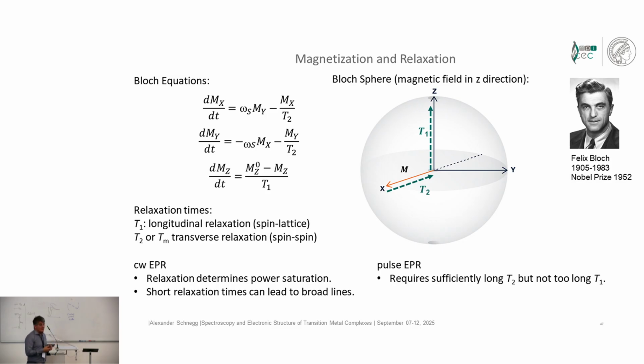This is the time when we deflect our magnetization from equilibrium. It needs to go back to equilibrium, and there are two different kinds of relaxations. One is the T1 relaxation back to the Z direction, and the T2 or phase memory time is the relaxation in the XY plane.